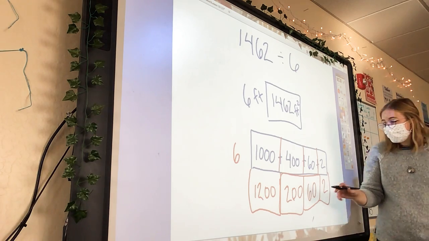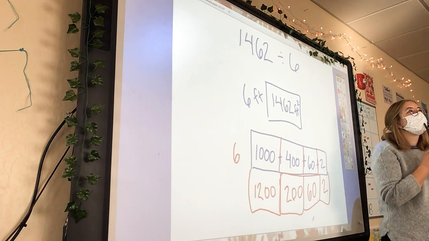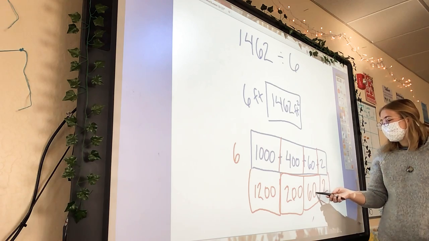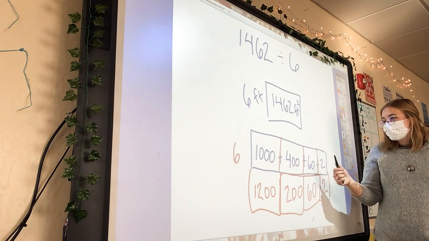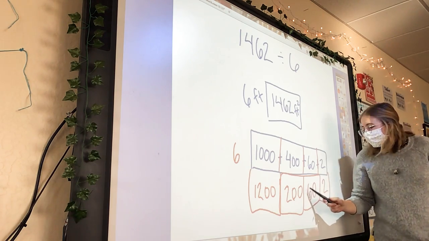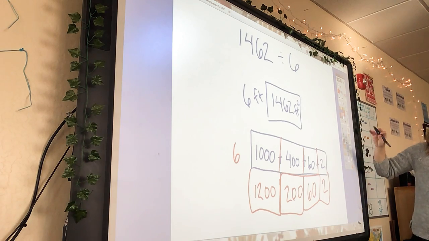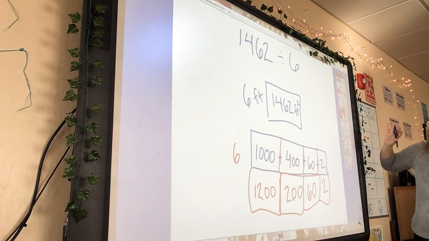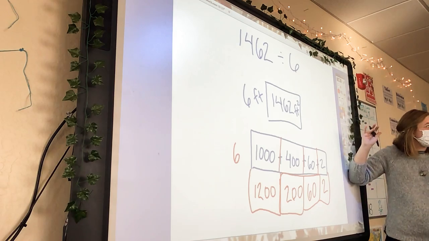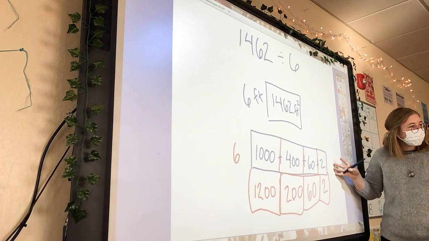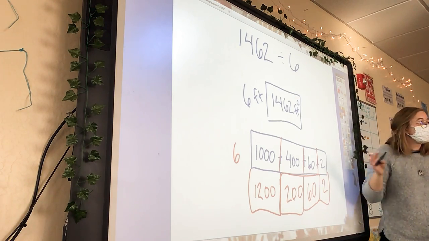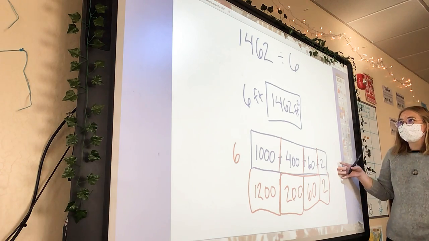So I could make this... Let's see. 30. This is a hard one. Would you guys judge me if I moved on to a different one? No. Okay. Because in order to help you guys, I have to help myself make it an easier one.